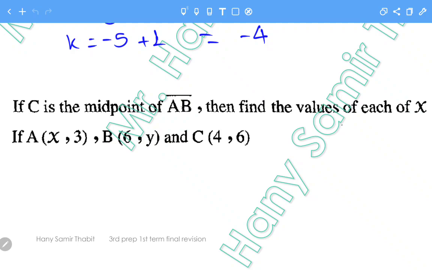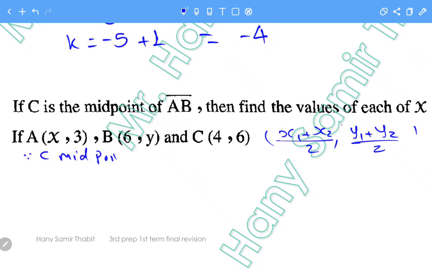If you want to remember the midpoint rule, it is x1 plus x2 over 2, y1 plus y2 over 2. Since C is the midpoint of AB, where is AB?